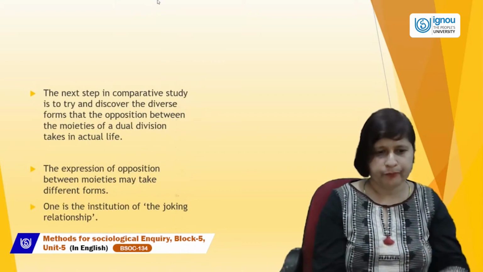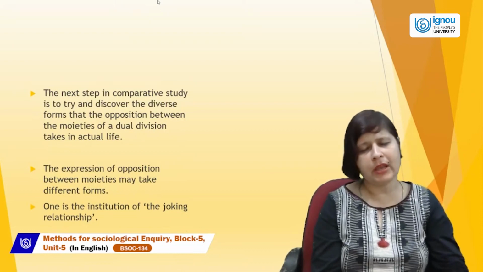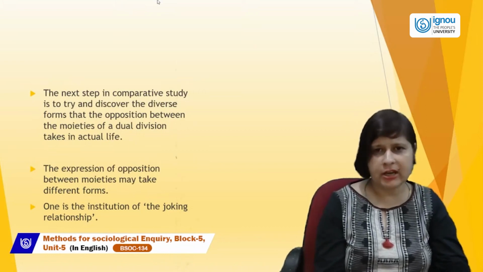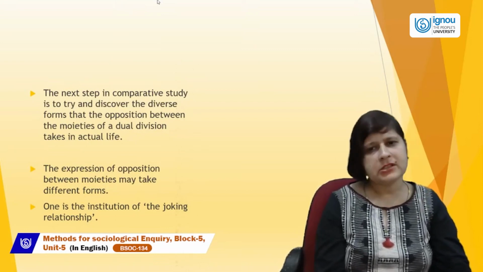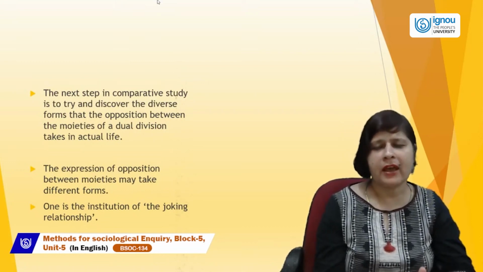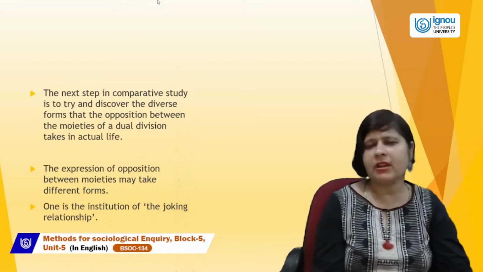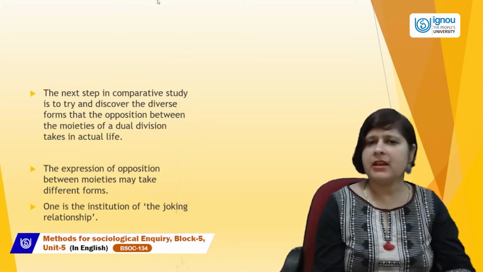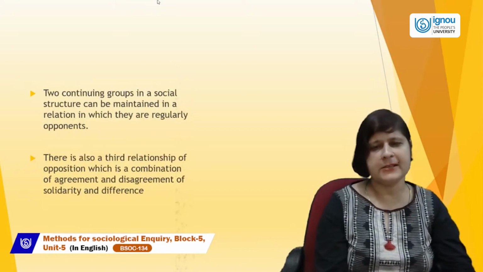See, the expression of opposition between the different groups may have different forms, like the joking relationship, which is found in many societies. And what is a joking relationship? One where people can joke with one another, like the relationship between brother-in-law and sister-in-law. So there are certain similarities and differences when you compare these relationships of the different societies.